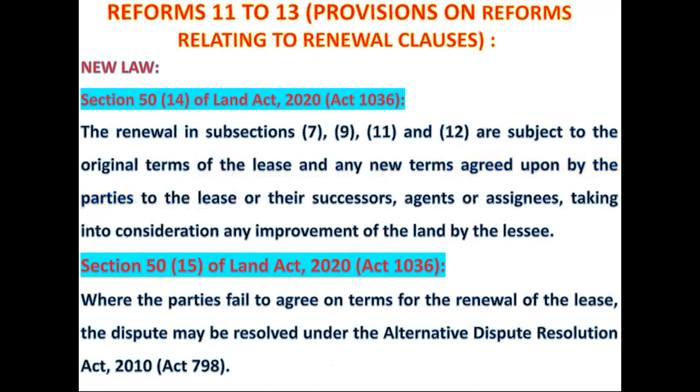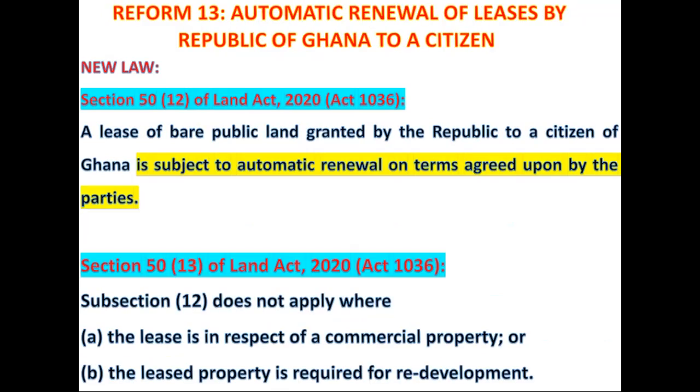Then, let us look at some interesting provisions so far. But before we look at the provisions, remember the different categories of renewals we looked at. First one is in relation to acquiring land from the allodial holder or the usufructuary holder and acquiring it to an indigent. That's one, automatic renewal. Second category was acquiring the land to a citizen of Ghana who is not an indigent.